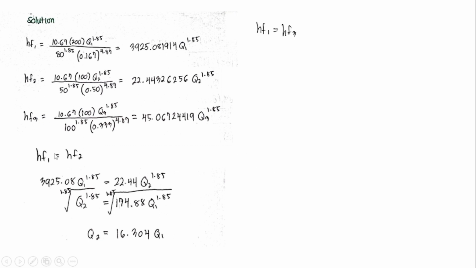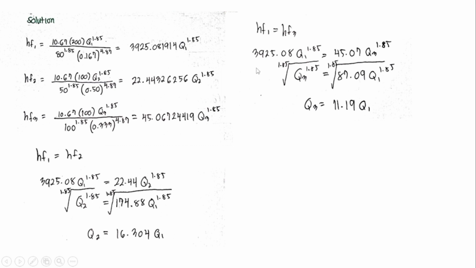Since the relationship between the three pipes is equal, we also need to solve for Q3 in terms of Q1. Therefore, we need to equate the major head loss in pipe 1 and the major head loss in pipe 3. So 3925.08 Q1 raised to 1.85 is equal to 45.07 Q3 raised to 1.85.